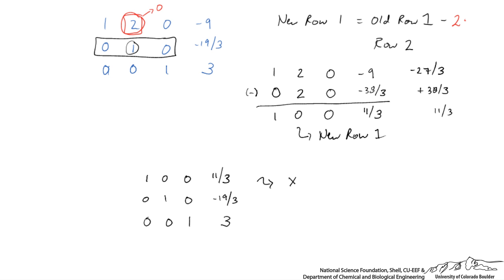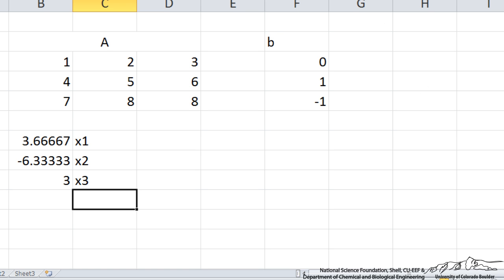What this is telling us is that x1 is equal to 11 thirds, which is 3.67, x2 is equal to negative 19 thirds, which is negative 6.33, and x3 is equal to 3. Let's see if that's the same as what we got in Excel. We have 3.7 for x1, we have minus 6.33, and we have x3 equals 3.